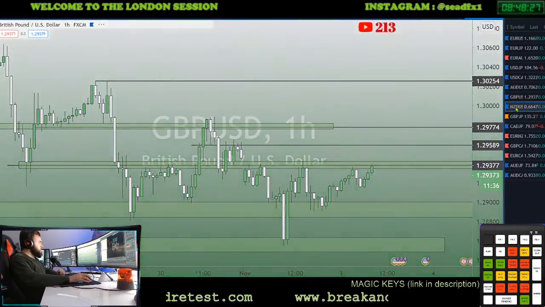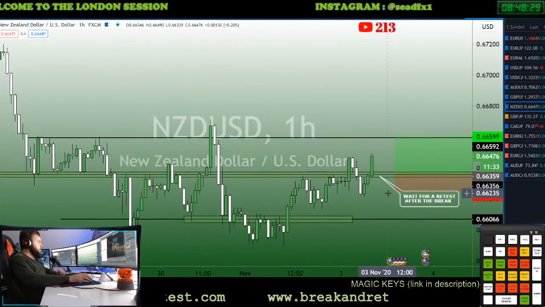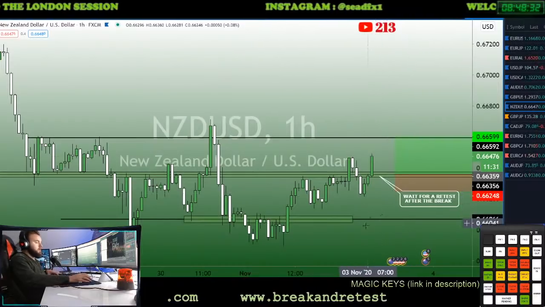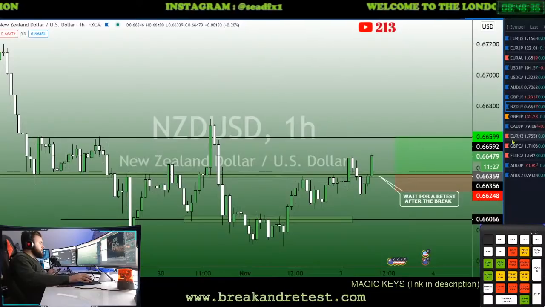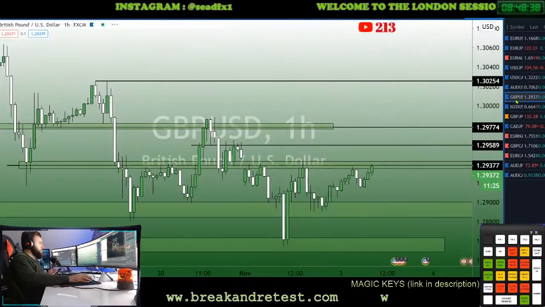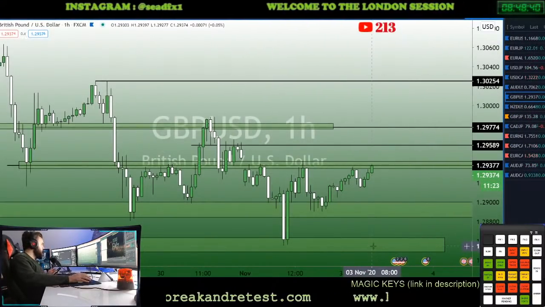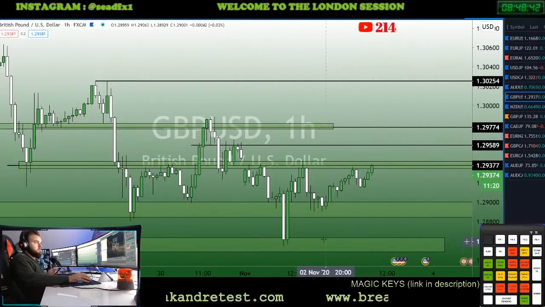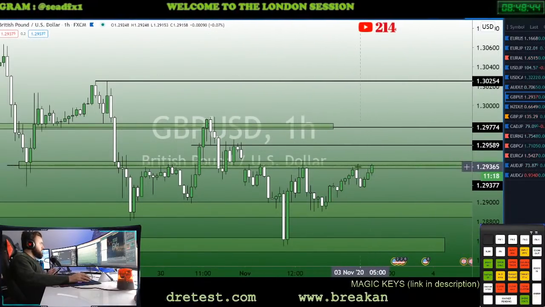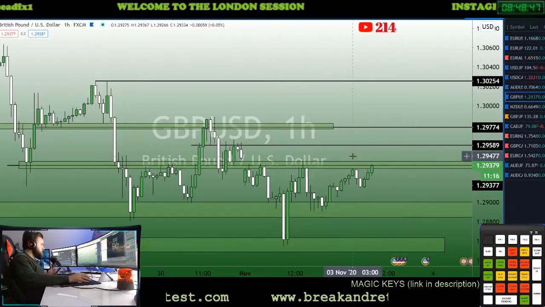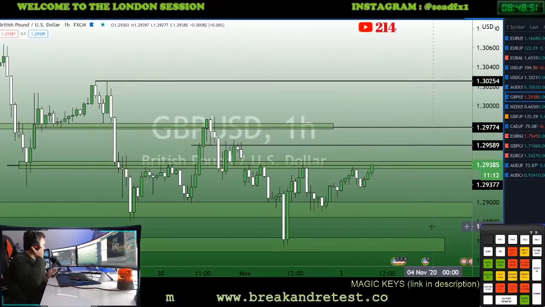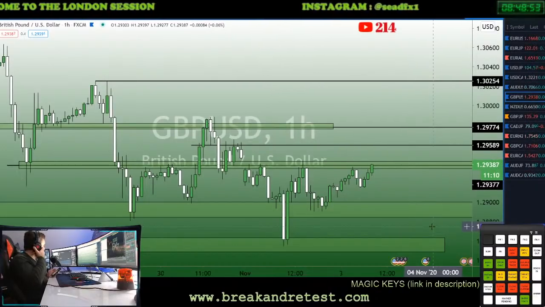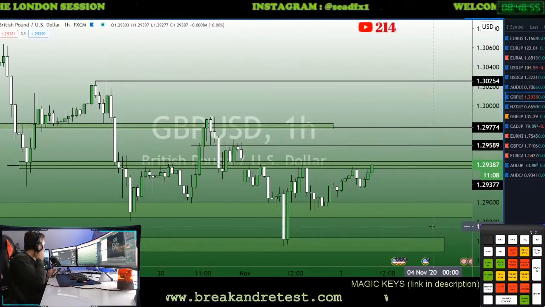NZD US dollar shouldn't go too far away because this might be very nice. GU hasn't gone above yet, so that's the problem here, and we have around 10 minutes left. In 10 minutes we need to push above this to have a good clean breakout.